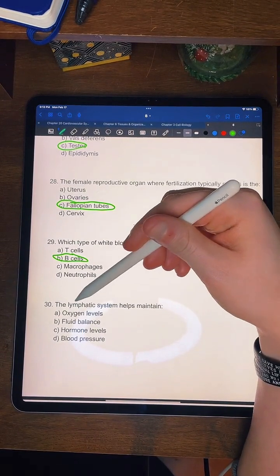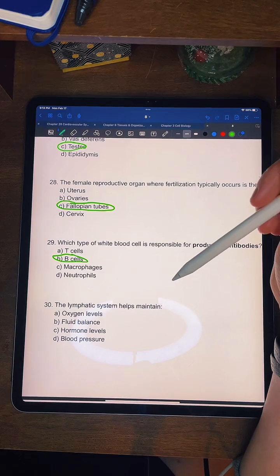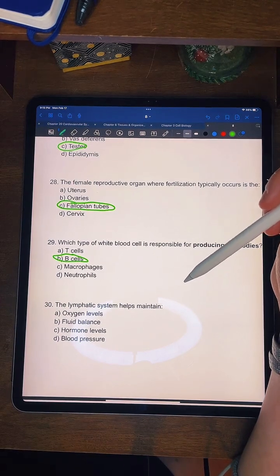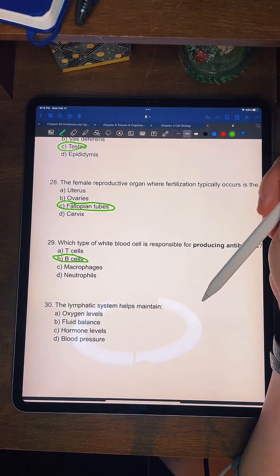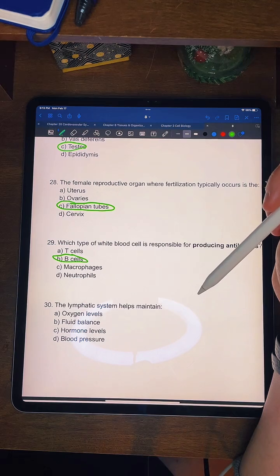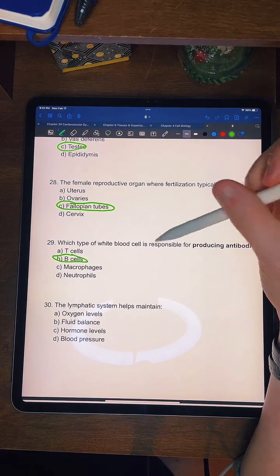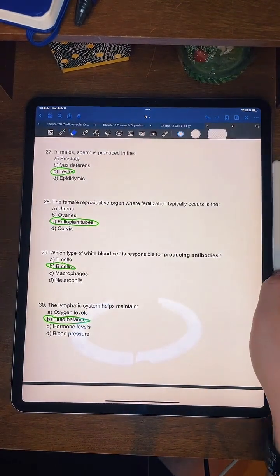All right, the lymphatic system helps maintain... We're on the last question here, and then I can make some more questions. We're on number 30. Lymphatic system helps maintain. B, fluid balance.